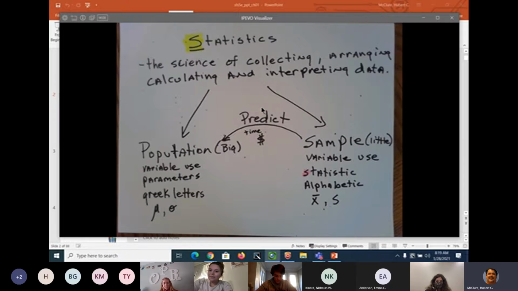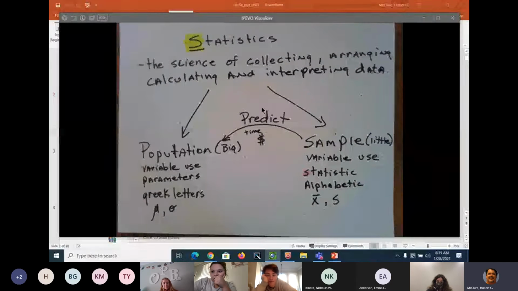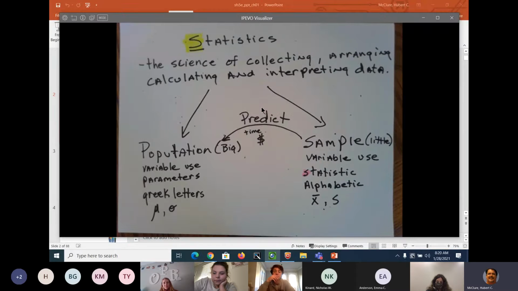So as Mr. King said with his interaction, about the only interaction I'm going to get today, the sample is used to predict the population. So a good example, if I want to find out how many people drive cars versus SUVs and trucks at Tri-County Tech, I'm not going to go out and count every single truck and every single parking lot that Tri-County Tech owns, including the Anderson campus, the Pendleton campus, the Sandy Springs campus, the Oconee campus, and the Easley campus.